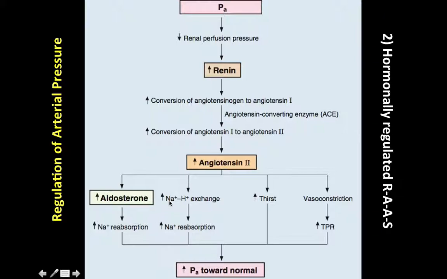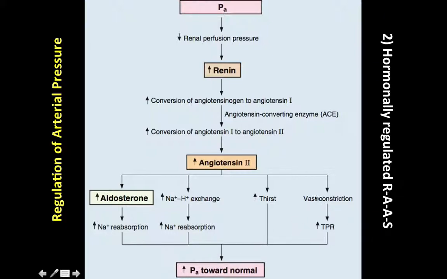The second thing we talked about is sodium proton exchange. The third thing our body does with increased angiotensin 2 is increased thirst, and that explains it, because when we are thirsty we drink more water or fluids, and that increases the volume in our system, therefore increasing the arterial pressure towards normal.